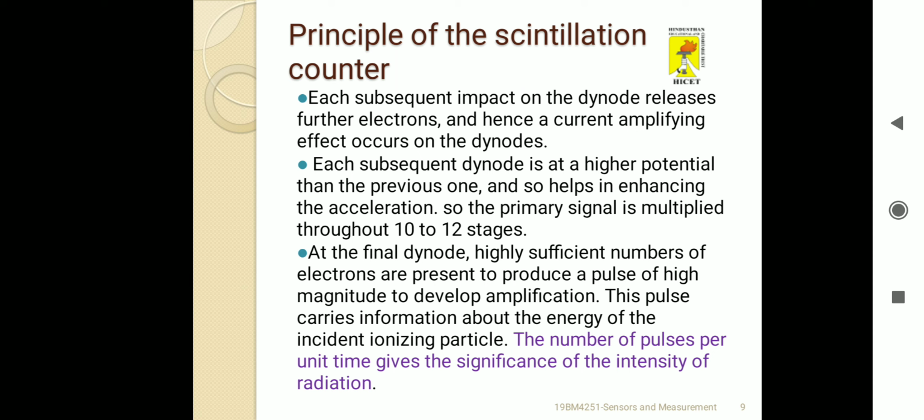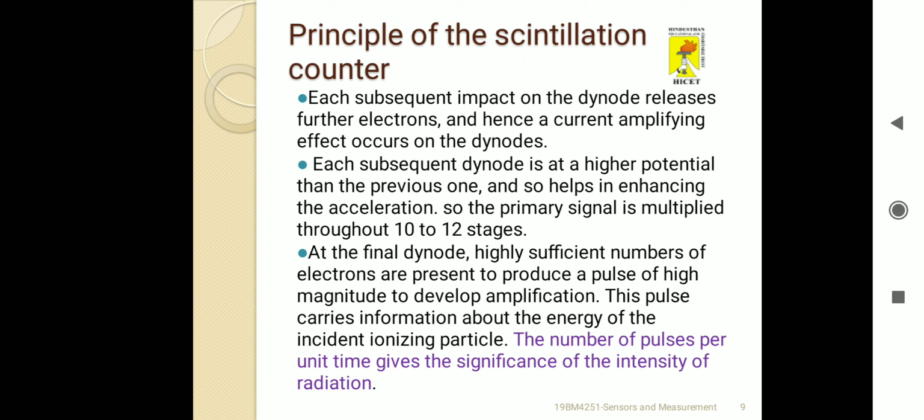Each subsequent impact on a dynode releases further electrons, and hence a current amplifying effect occurs on the dynodes. Each subsequent dynode is maintained at a higher potential compared to the previous one, so it helps in enhancing the acceleration.